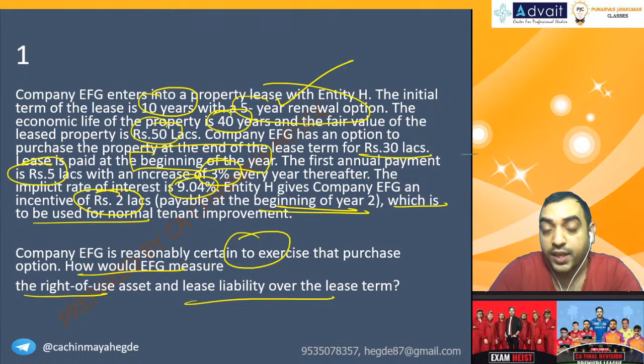Discounting factor you have to do. Okay, let me do one thing. I'll calculate in Excel quickly. You don't write it down.